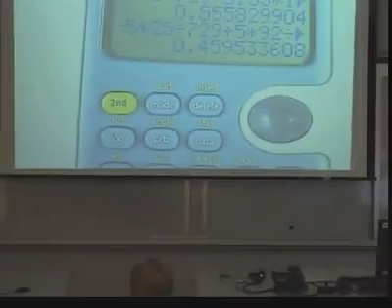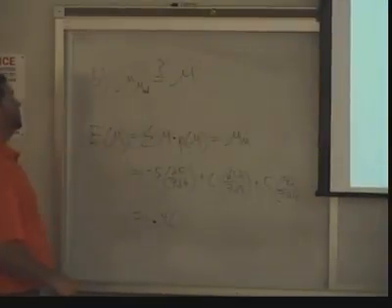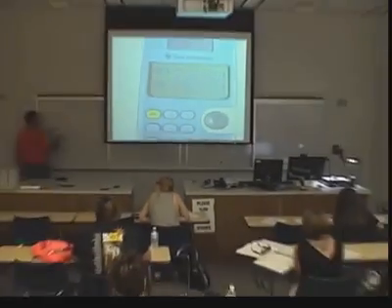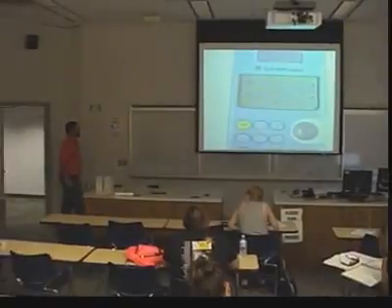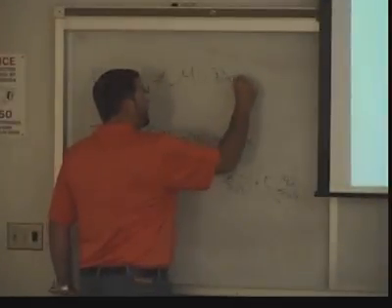So -5 times 25 over 729 plus 5 times 92 over 729 and hit equals. What is that rounded to 2 decimal places? 0.46. So our conclusion is, no, it is not an unbiased estimator because the average of the median is not equal to mu. Since they're not equal, it is a biased estimator.